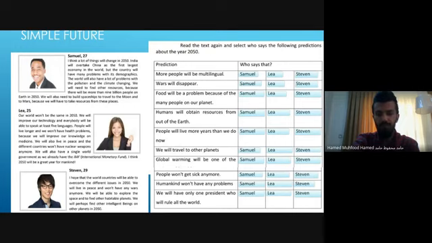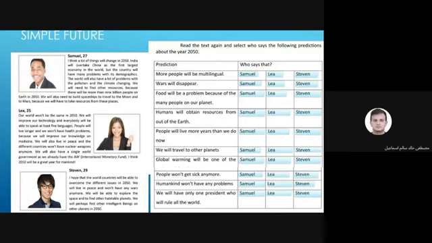The other one, we will have only one president who will rule all the world. Who presented this idea? That we will have only one president? Mustafa? Lee.